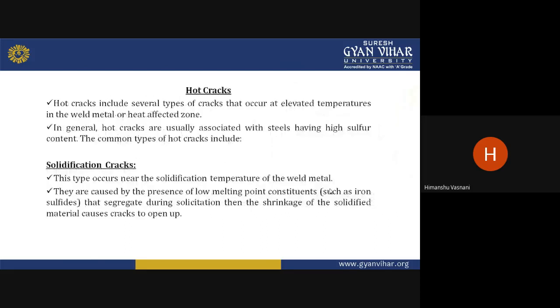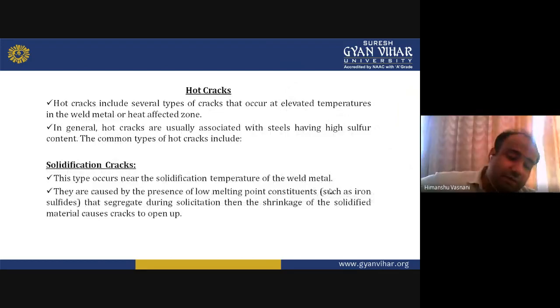Secondly, hot cracks. Whatever discontinuities you are discussing, if a skilled worker is doing those things, then inspection can be done very easily. Hot cracks include several types of cracks that occur at elevated temperatures in the weld metal. Those were cold cracks; these are hot cracks. As the name says, these cracks appear at high temperatures, when the material is in the heat affected zone.